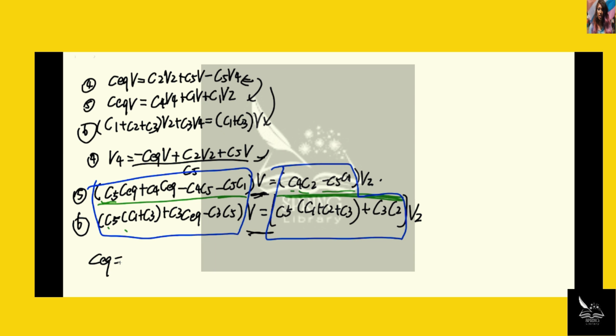Finally, we get C equivalent on the left-hand side. And the result is actually quite messy. Plus C1, C2, C4 plus C1, C2, C5. So as you see, this question really isn't as easy as just simplifying the circuit, because you cannot simplify the circuit.